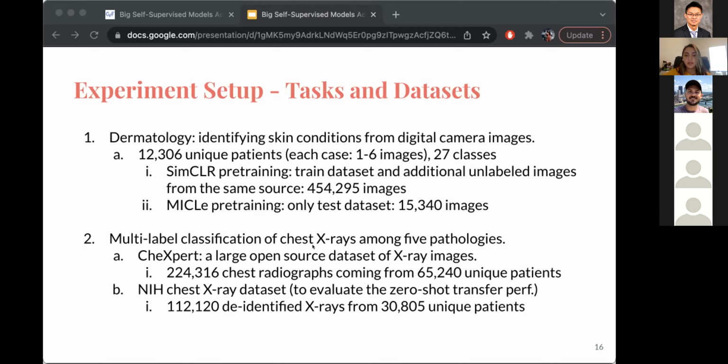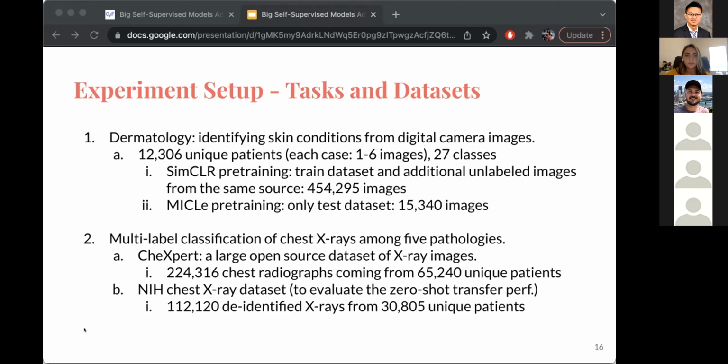For the chest X-ray, they're using the CheXpert dataset, which is a large open source dataset of X-ray images. They're also using an NIH chest X-ray dataset, but just to evaluate the zero shot transfer performance.